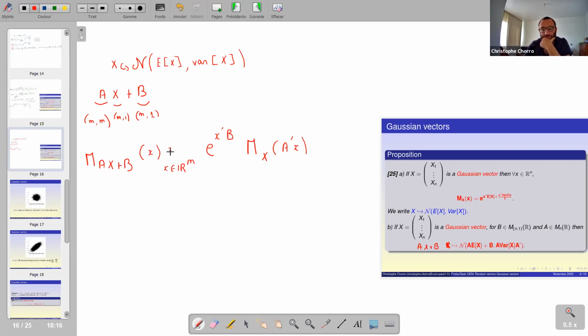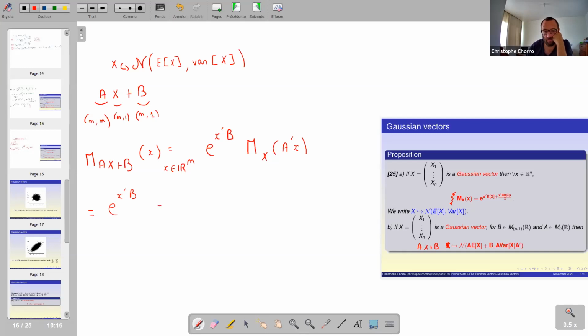So I have this. What can I do now? I can use what I have proved before. I know what is the moment generating function of capital X. So I continue my computation here. I have exponential of x prime b, and this moment generating function can be computed this way.